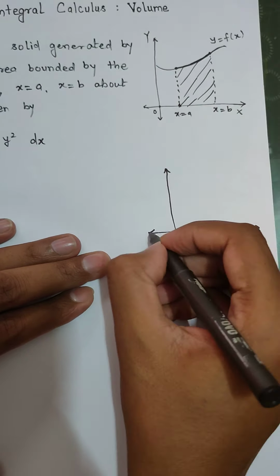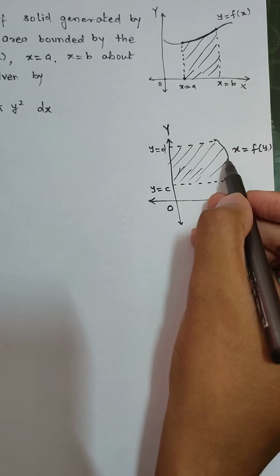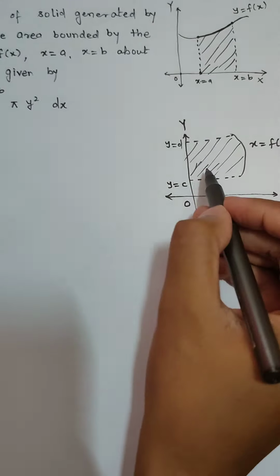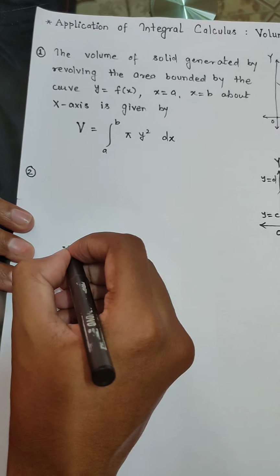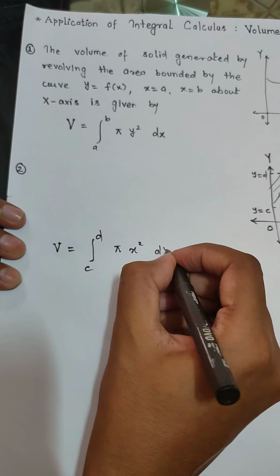So if this is your curve, say x is equal to f of y, then the area bounded by this curve, say this ordinate to be c and this ordinate to be d, when this is revolved about the y-axis, then it will generate a solid, and the volume of that solid in this case is given by volume V is equal to integration c to d pi x square dy.